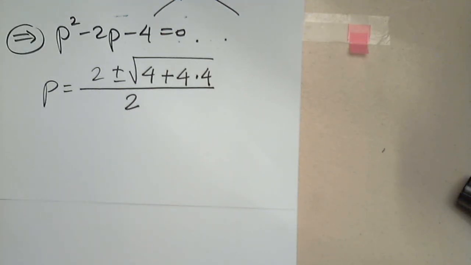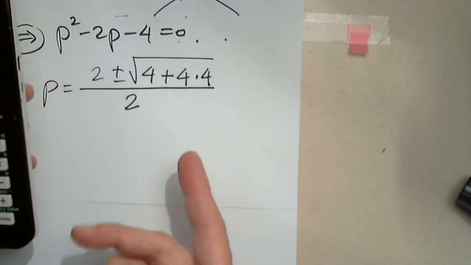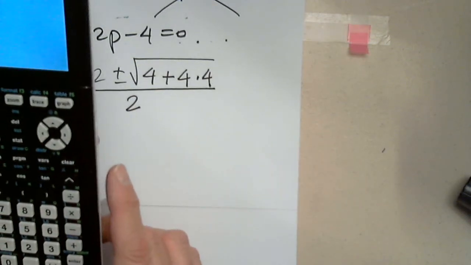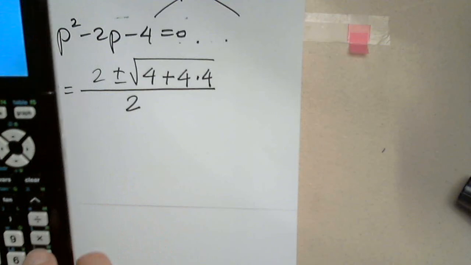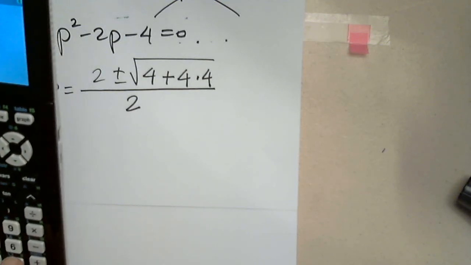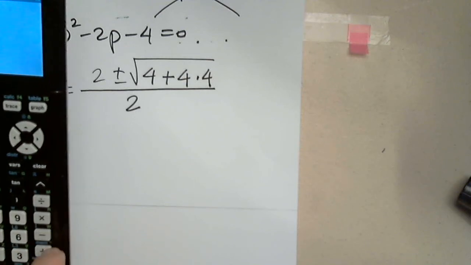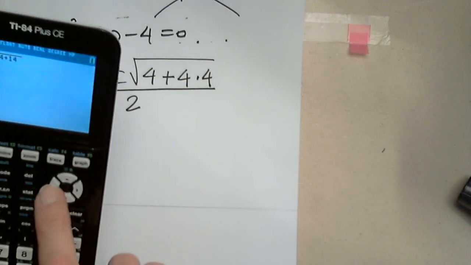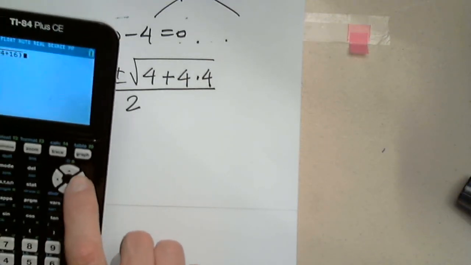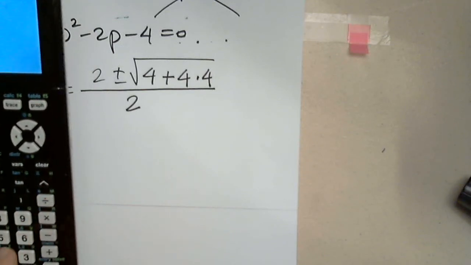We don't know whether they turn into max or min, and we should analyze them. So let's just evaluate this then. I can simplify it, but I still have to approximate, so no problem there. So 2 plus the square root of 4 plus 16, close the parenthesis, don't forget to go outside and divide by 2.